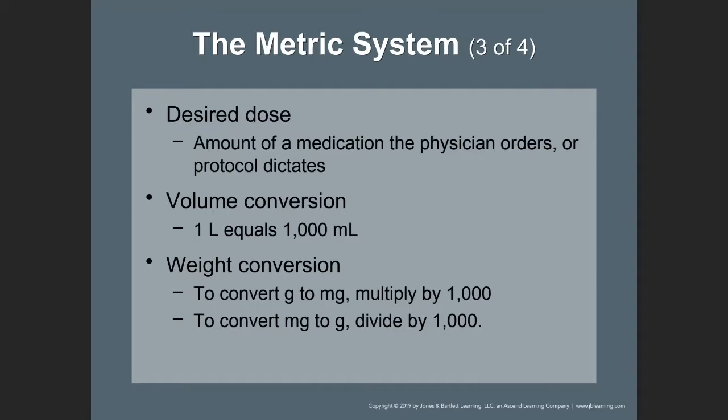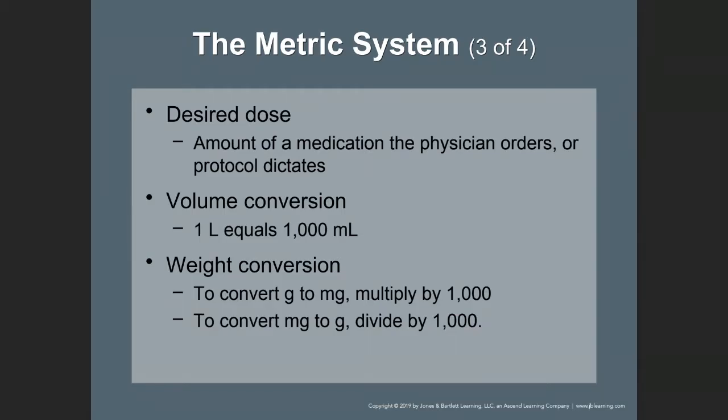If you're moving from a large measurement to a small measurement, you multiply by 1,000. So moving from liters to milliliters, we multiply by 1,000. If we were moving from a small measurement to a large measurement, we would divide. These are simple concepts that you need to commit to memory.